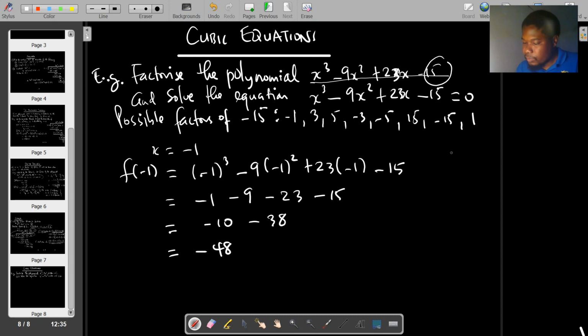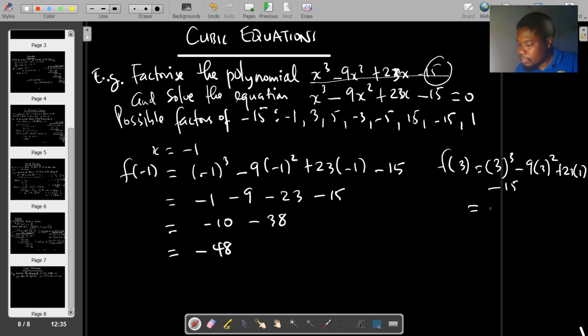Okay, so let's do another one, f of 3. That gives us 3 to the power 3 minus 9 times 3 to the power 2 plus 23 times 3 minus 15.